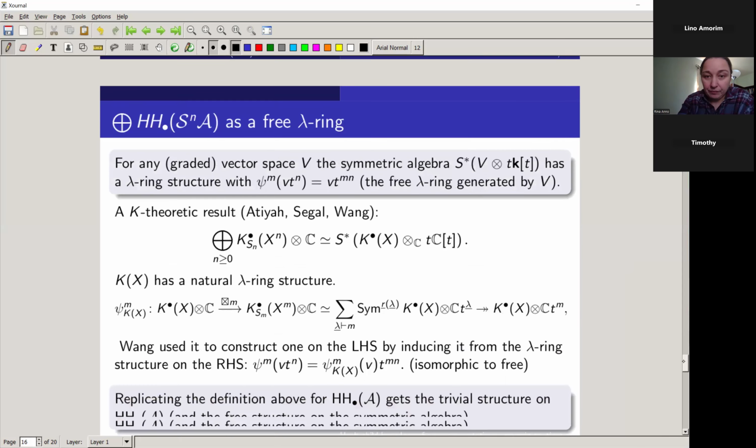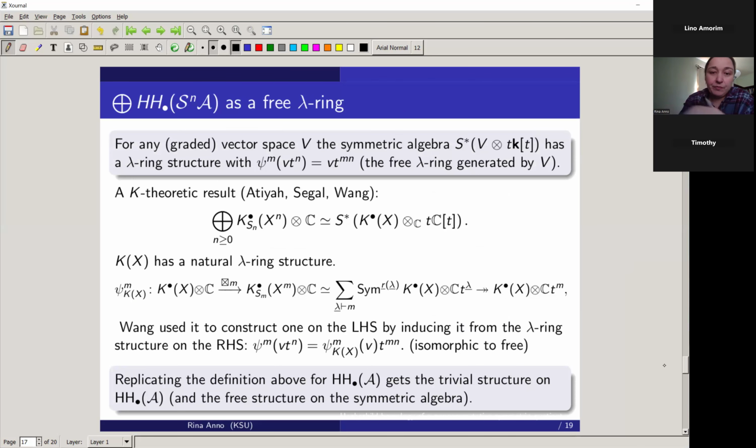And finally, the lambda ring structure. The thing is that the result with topological K-theory was described by Siegel in a handwritten note and developed and expanded by Wei-Chan Wang in 2020, I think.